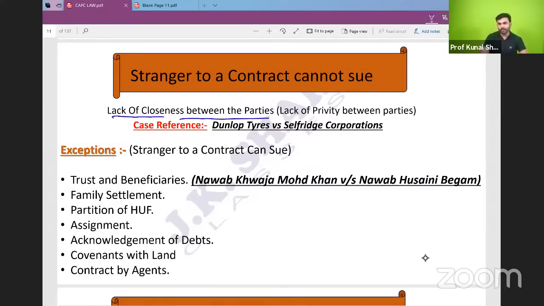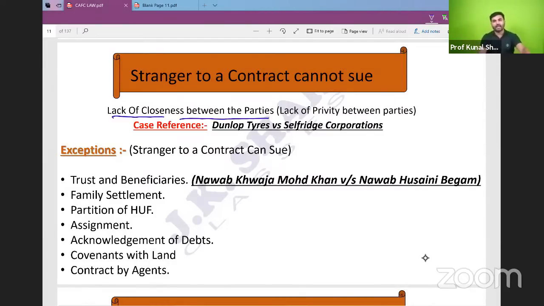It happened in the case law of Dunlop Tyres versus Selfridge Corporation. First of all, there was a contract between Dunlop Tyres and Dew and Company. Later on, there was a contract between Dew and Company and Selfridge Corporation. So there was no direct contract between Dunlop Tyres and Selfridge Corporation.